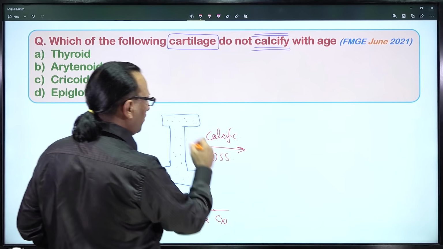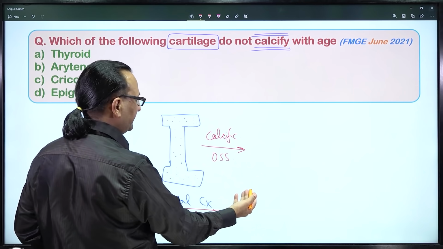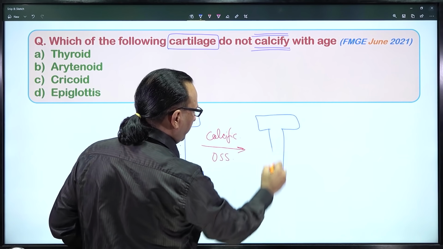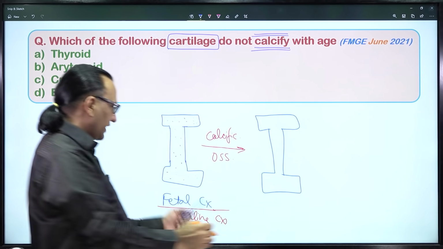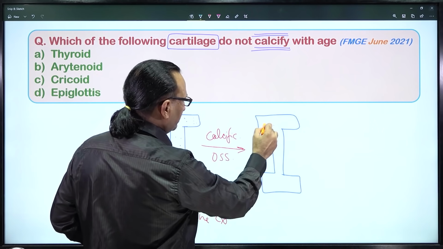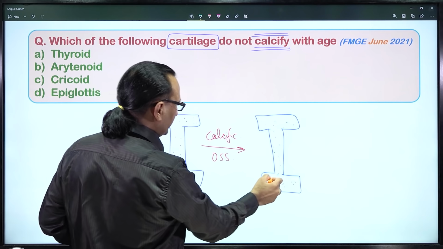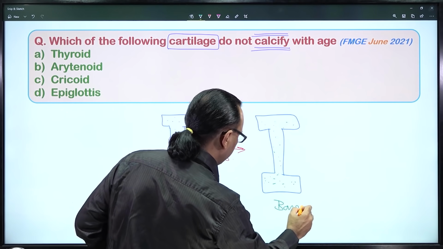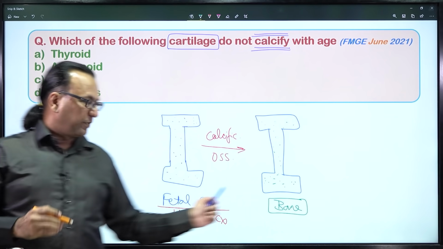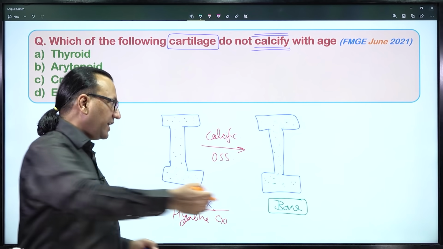Now, when it is undergoing calcification and ossification, you will notice that most of the hyaline cartilage has changed into bone, but there is some portion which is still hyaline cartilage. So, which portion is still hyaline cartilage? It is the persisting cartilage at the ends.